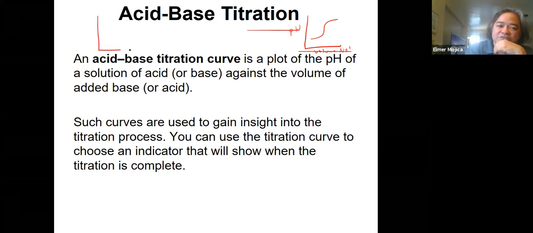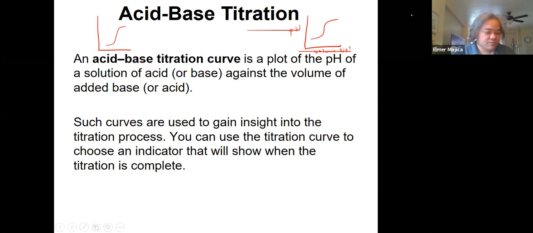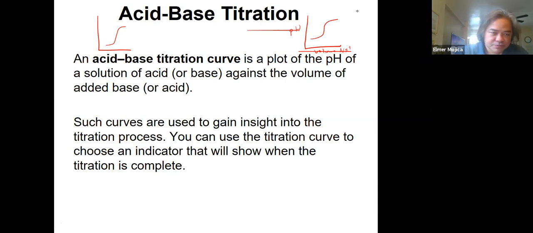So if you have a titration curve like this one, what are you adding to the system? Is it an acid or a base? Anyone? What are you adding? If you have a system like this, the pH is going up.